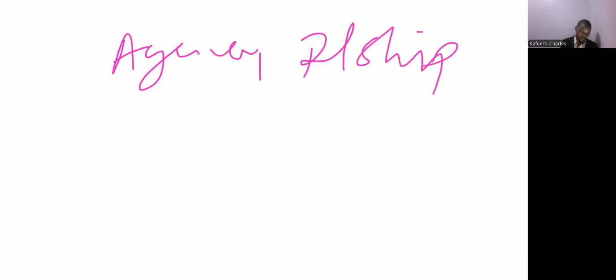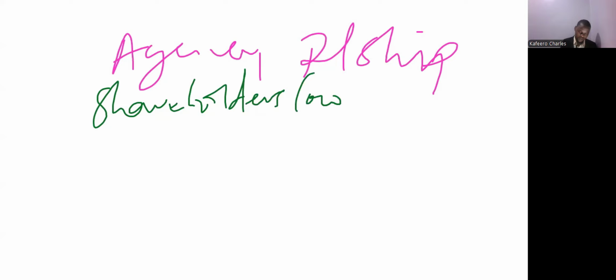For agency relationship, we know that we have the shareholders. These are the owners of the business. But since the owners can't run the business on their own, even though they have money, what they do is appoint the board of directors.